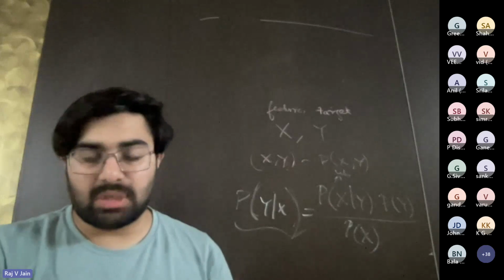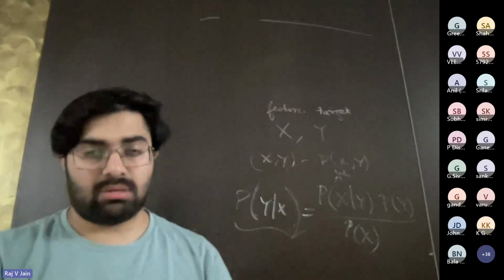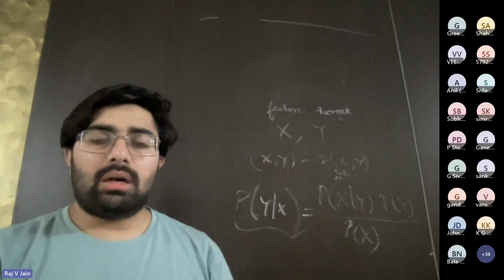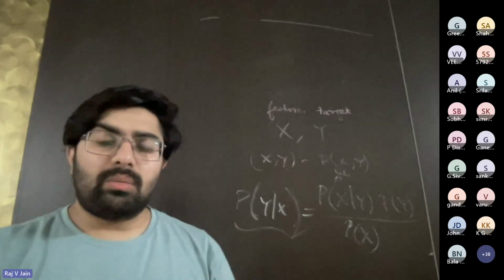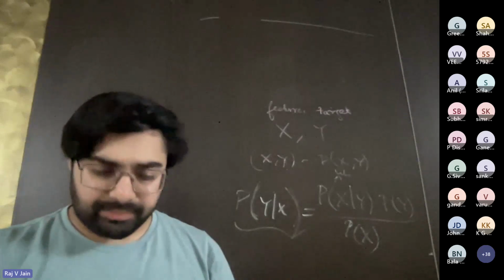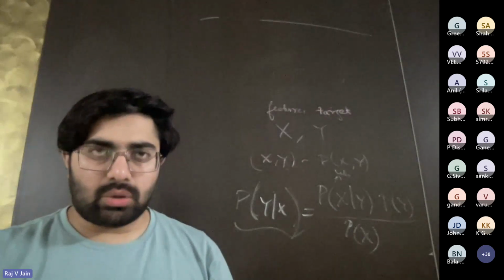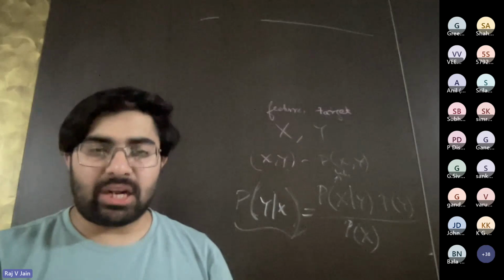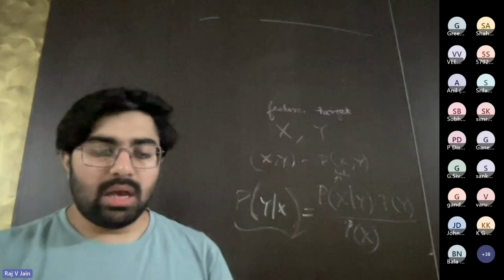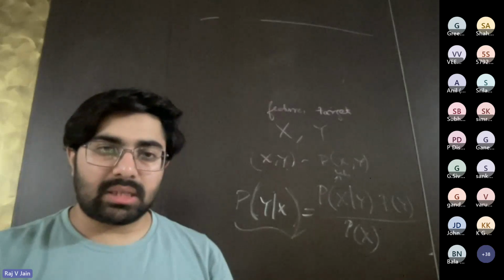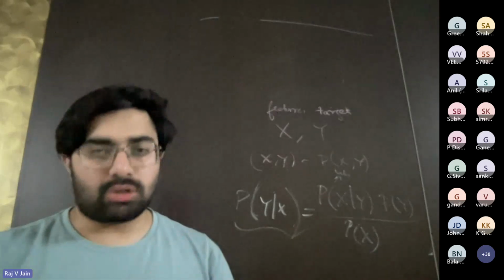For example, inductive bias is one such issue, and limited data is another issue. So what we try to do at the end of the day is we don't want either overfitting or underfitting, and it's more like a judgment call.